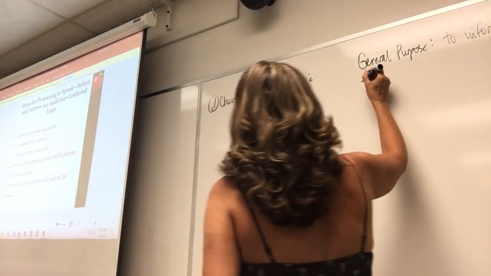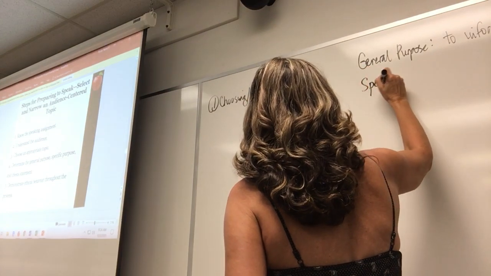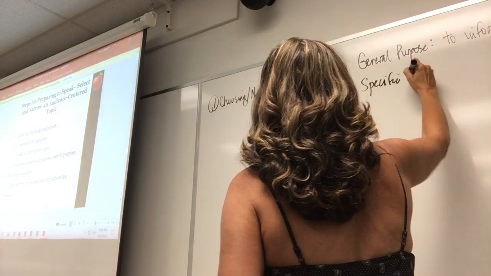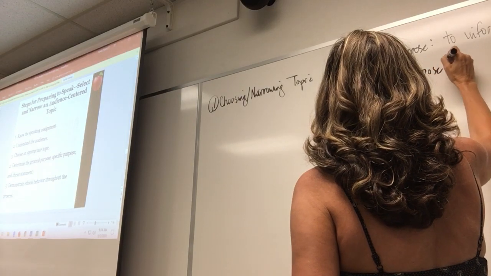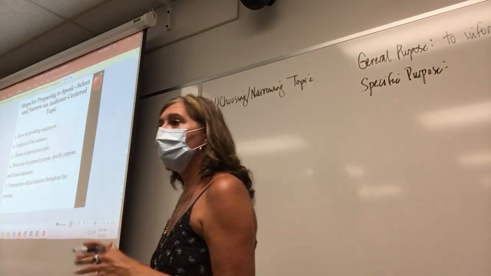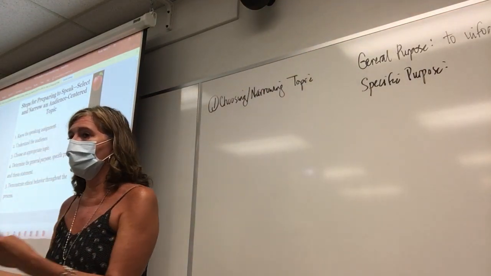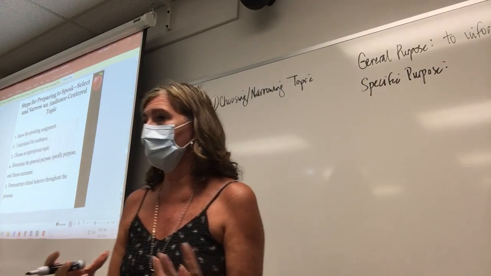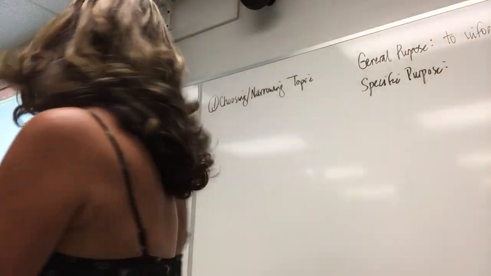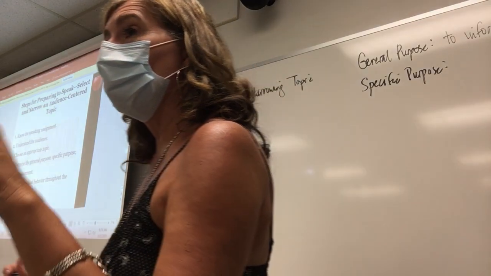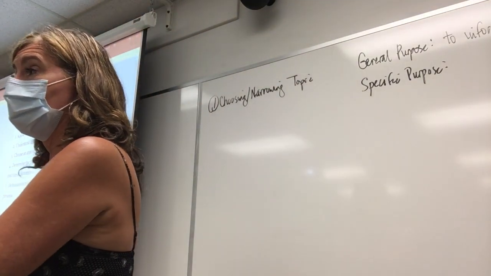The next thing to determine, and this helps guide the speech, because if you don't have a purpose for the speech, you're not going to construct the speech appropriately. So the specific purpose is what you want the audience to know or be able to do by the end of the speech.